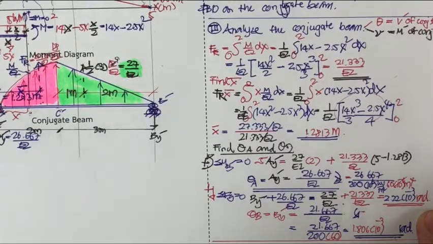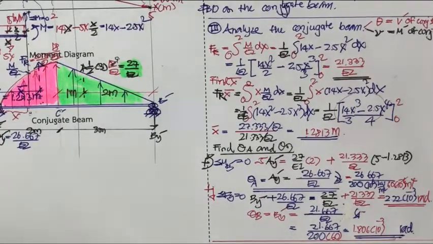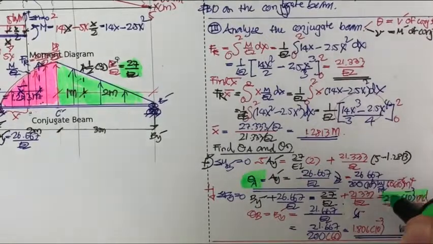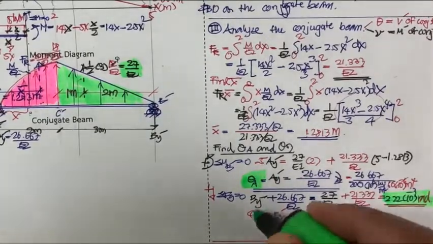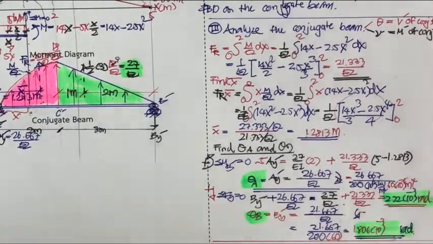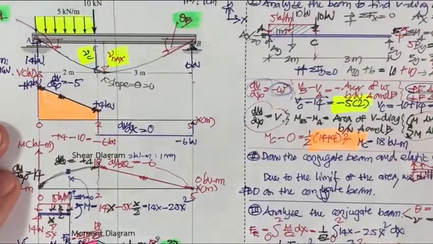And now we have the other left. This one we have theta sub A, and you have theta sub B, and you still have V sub C and V sub D. Let me take you back over here.